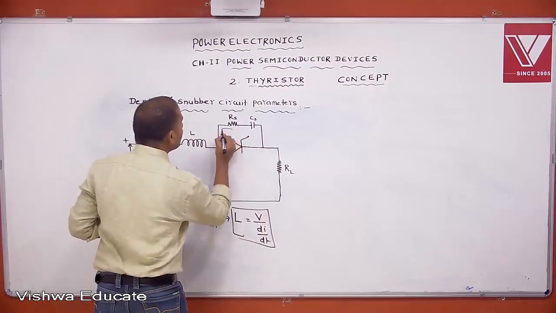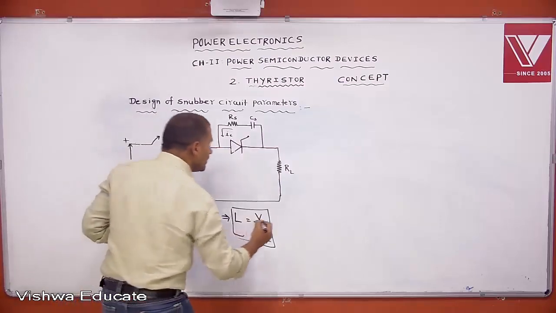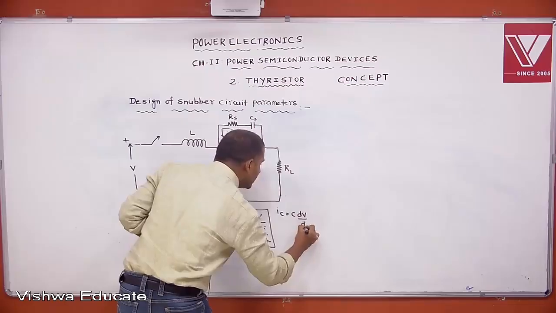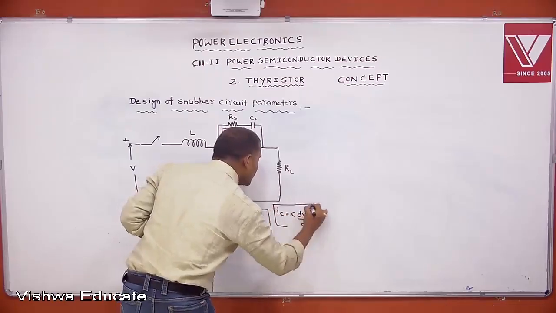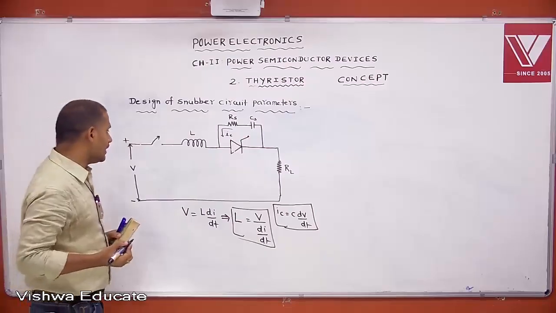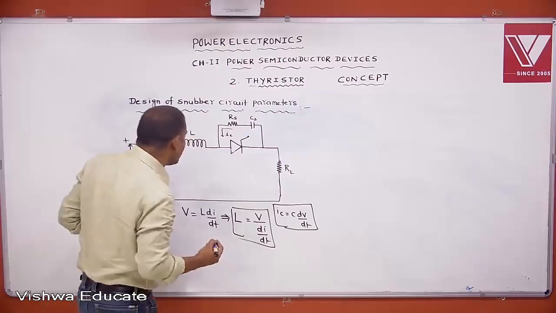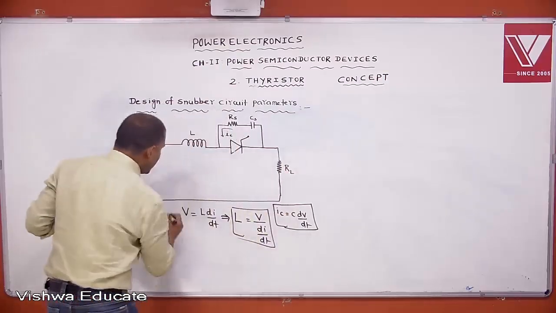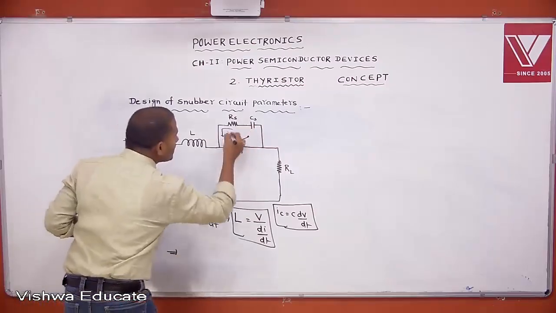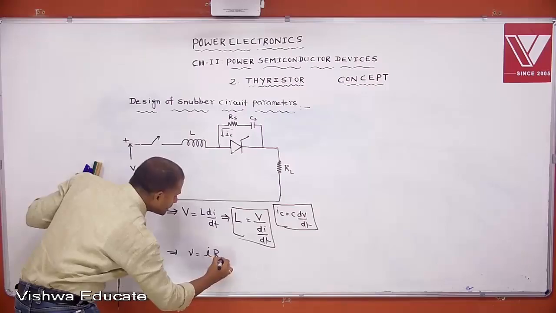Let the discharging current of the capacitor be IC. Then IC equal to C into dV by dt, and from this we can design the capacitance. Let the instantaneous voltage across the resistor be V equal to I into Rs.